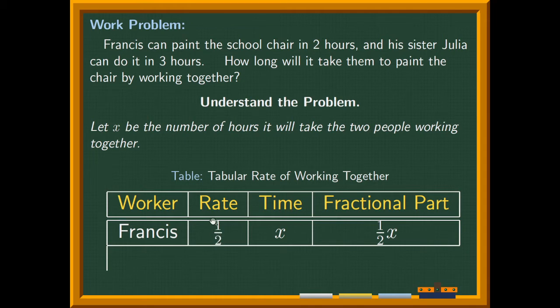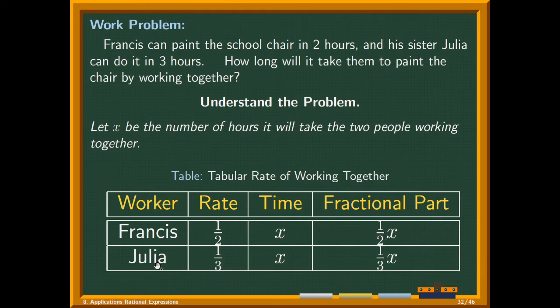Kaya usara magkatrabahoon. And the rate is 2 hours. And for his time, we do not know. So once we multiply them, the result is 1/2 x or simply x over 2.